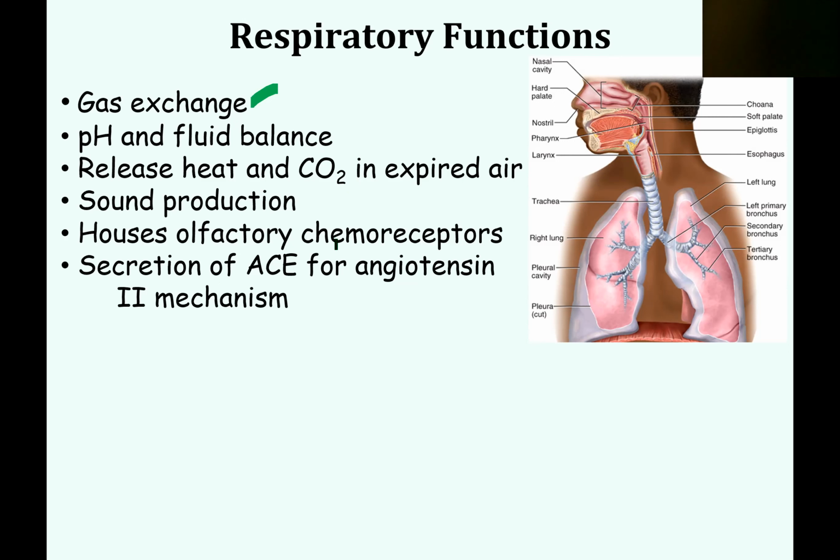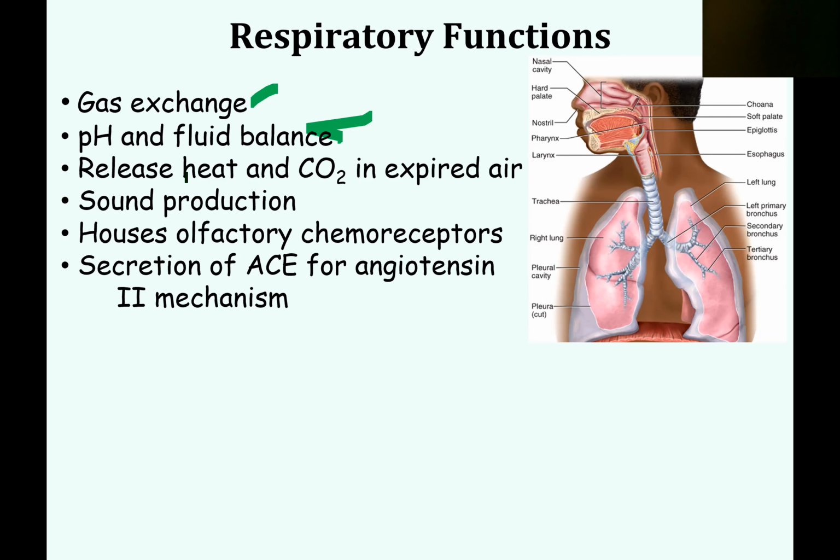All 3 rings are going on at the same time, and they all interact with each other. pH and fluid balance. Breathing helps you acquire acids and bases. Breathing helps you get rid of or conserve fluid. So it's a way to get rid of or conserve those materials.